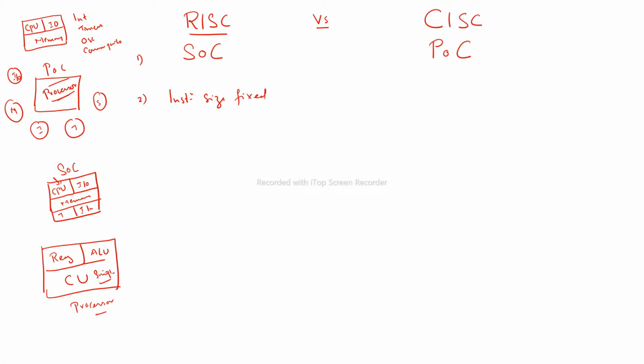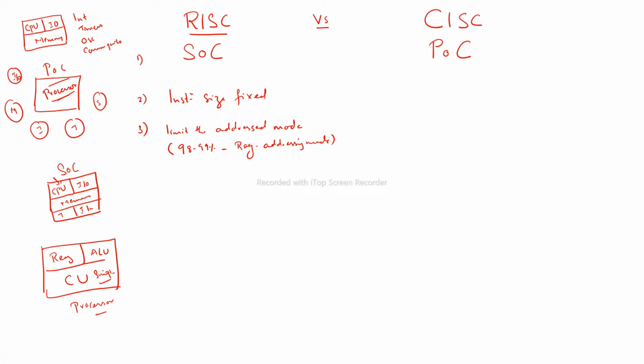When we fix the instruction size, then we have to limit the addressing modes supported by the instructions. Largely, 98 to 99 percent of the instructions will support only the register addressing mode.